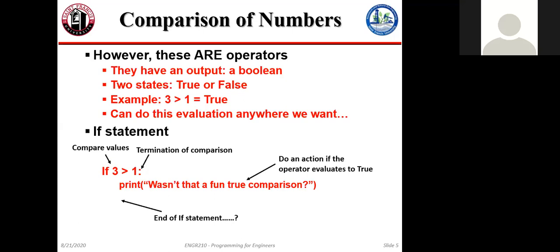So if you type this in here, if 3 greater than 1, colon, you'd have to do this in the scripting window on the left-hand side and run the code from there. If I put this in, this is true, right? So it'll do whatever is inside of the if statement. It knows what's inside of the if statement because everything that's inside is tabbed in by one level.